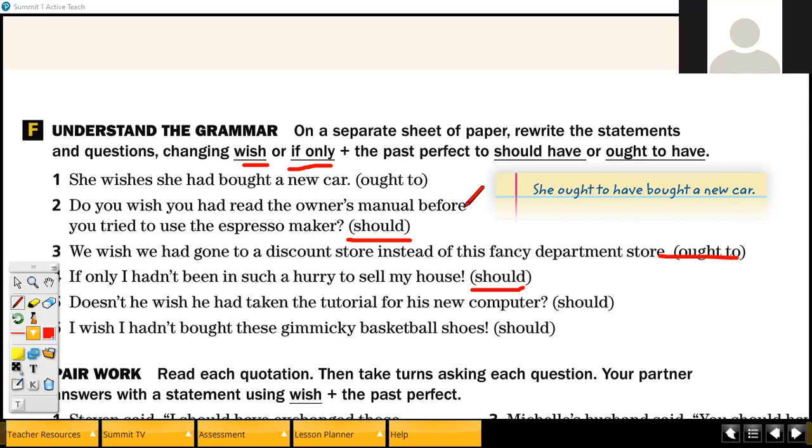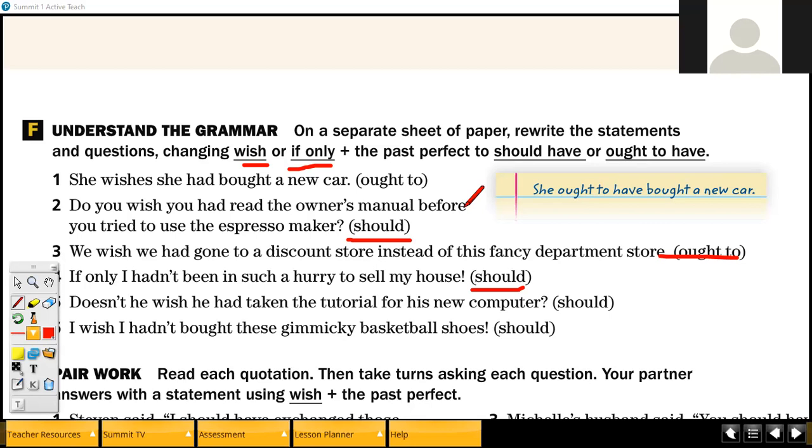Number 4, right? Yes. I should not have been in such a hurry to sell my house. Exactly. I should not have been in such a hurry to sell my house. Correct. Okay. Number 5.